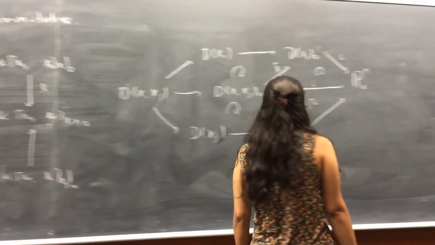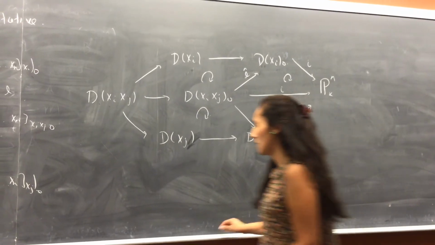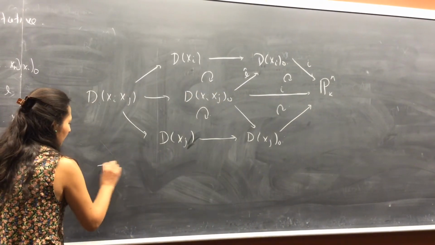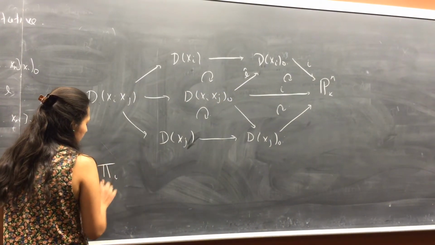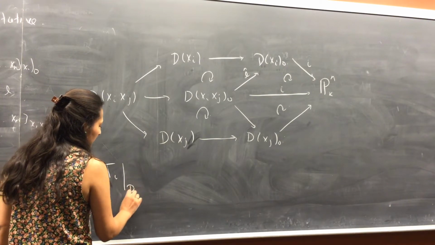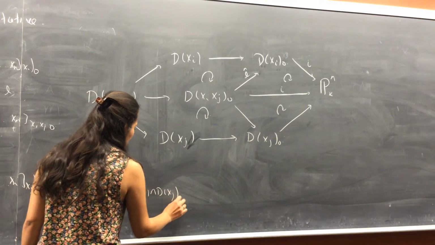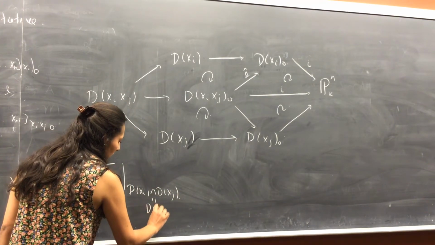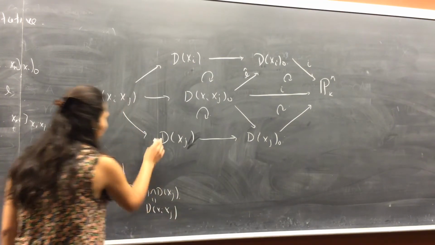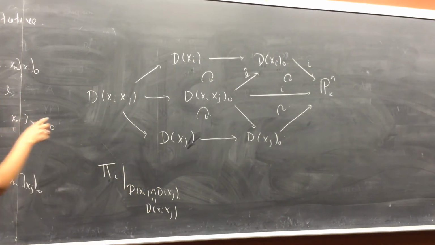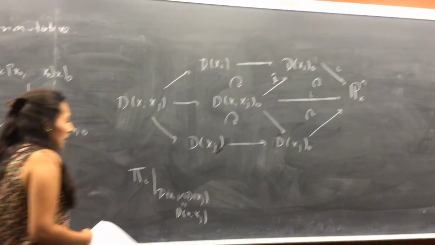Good. So let's take pi_i and restrict it to D_xi D_xj, which is D_xi xj. That's why we want to work with these particular open sets.